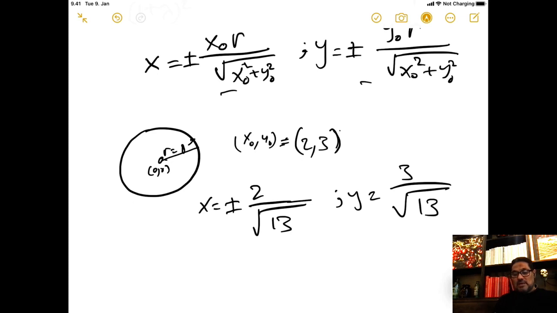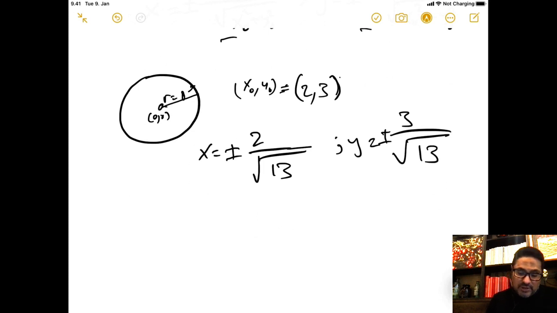So this will be x and y. Of course it is plus or minus. Okay, and now if you want to know which point it will be, is it the plus or minus? You can substitute this in the equation of the distance, or distance squared is the same.